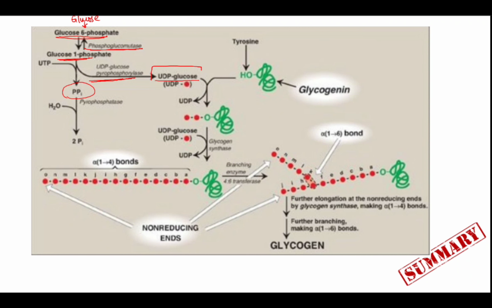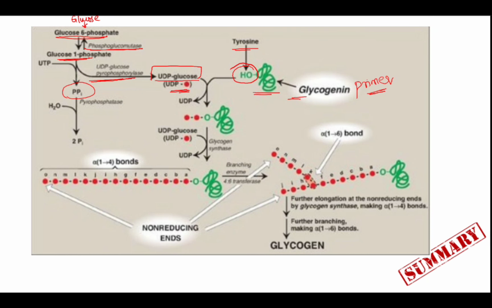This UDP glucose brings the glucose molecule to glycogenin, which acts as a primer. The primer is the starting point of glycogen synthesis. Glycogenin has an amino acid tyrosine, and the hydroxyl group of tyrosine acts as the first acceptor of the glucose molecule.